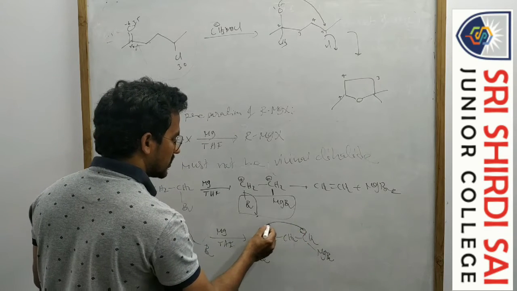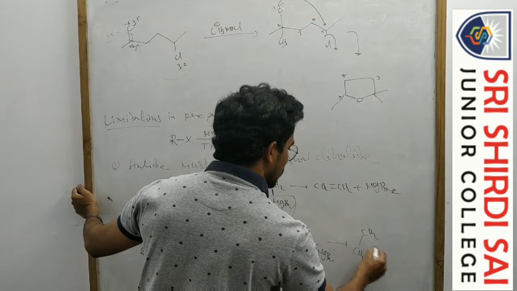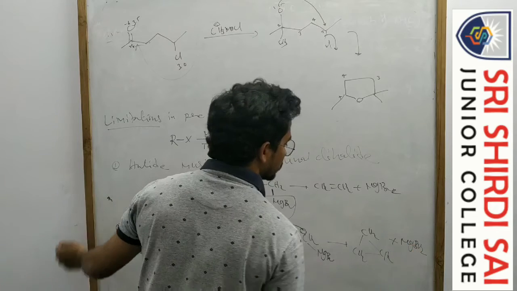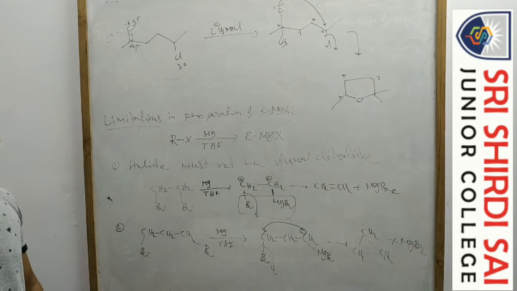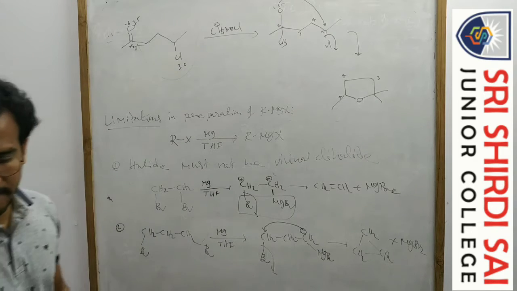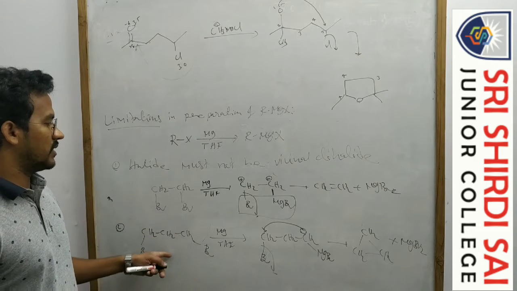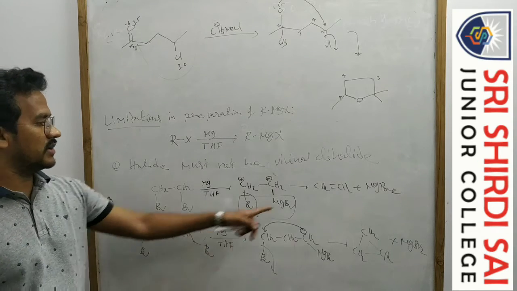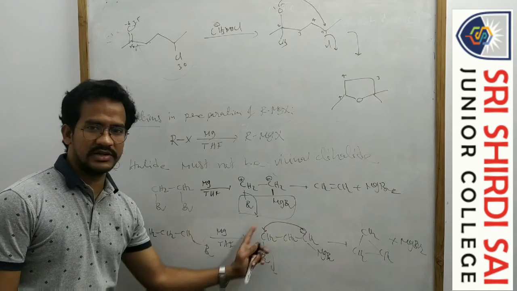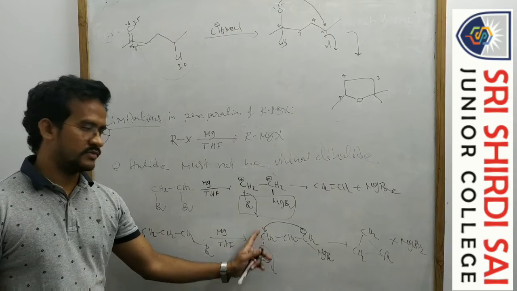Now this carbon has a negative charge, and intramolecular nucleophilic substitution takes place, so the cyclic product is formed along with MgBr2. So there is a problem with 1,2 dihalides and 1,3 dihalides. In the 1,2 dihalide, an alkene is formed by leaving out MgBr2. In the 1,3 dihalide, intramolecular substitution takes place, with a negative charge and a positive charge.